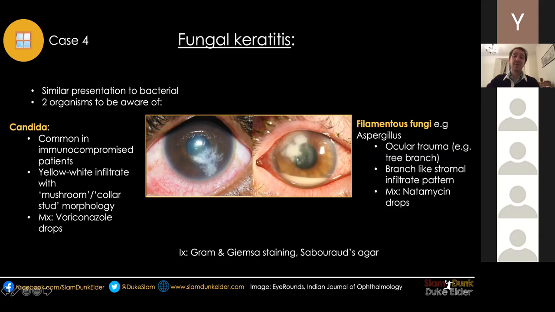The other one is filamentous fungi. This is common in farmers or agricultural workers, often with an injury to the eye from something like a tree branch, and that gives a branch-like infiltrate pattern.